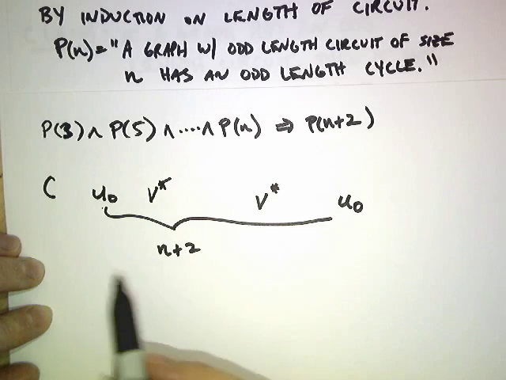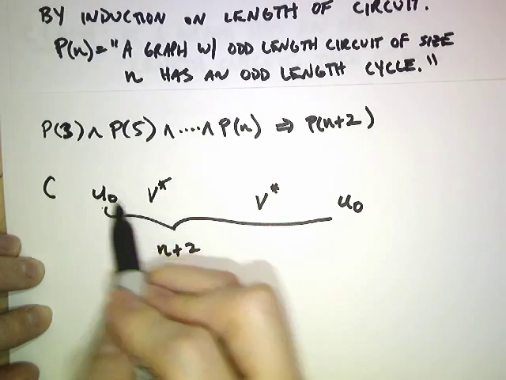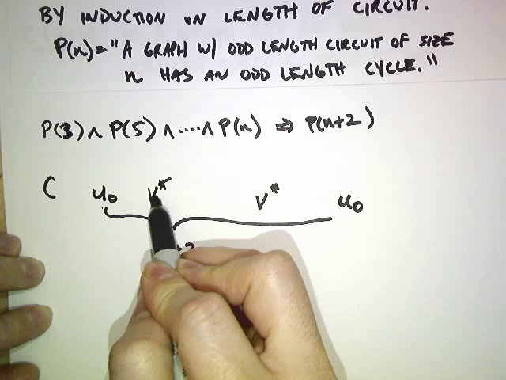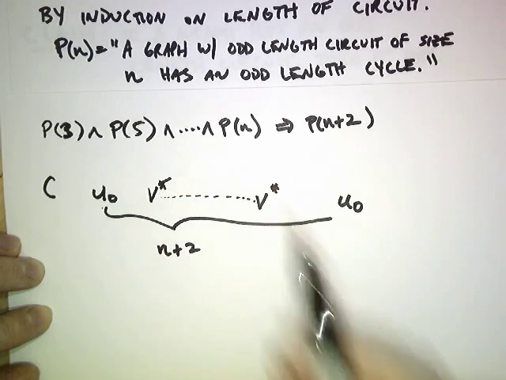Well, how do we apply our inductive hypothesis? Notice there are actually two circuits here. There's the circuit that starts at v star and ends at v star.